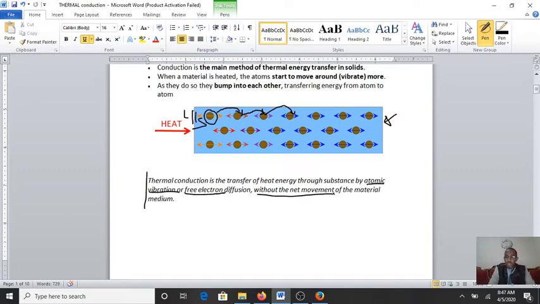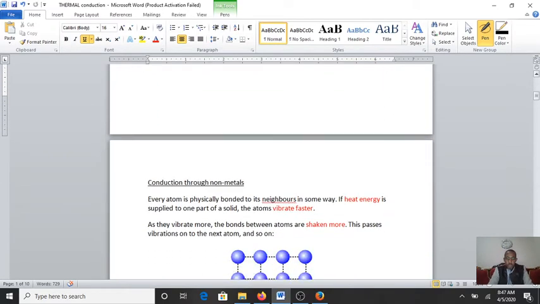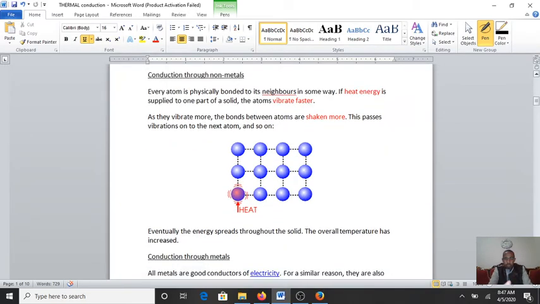So thermal conduction, as the definition says, is the transfer of heat energy through a substance by atomic vibrations, free electron diffusion, and the material medium does not move. Okay, so briefly we will look at nonmetals here.